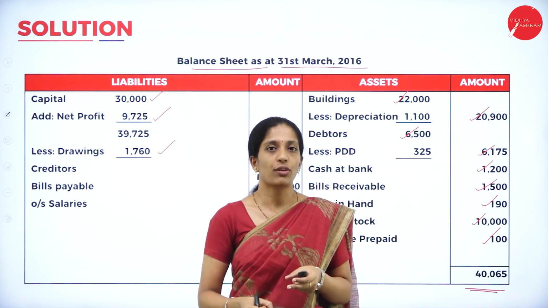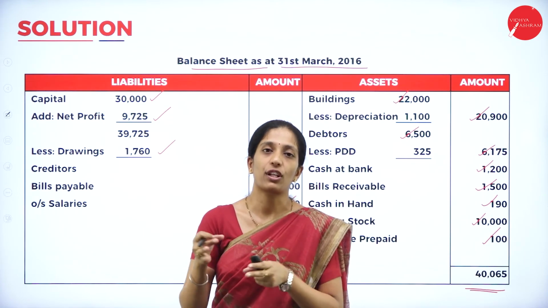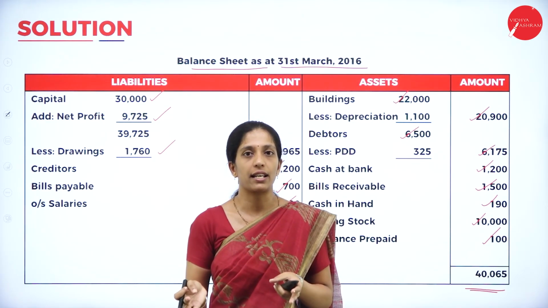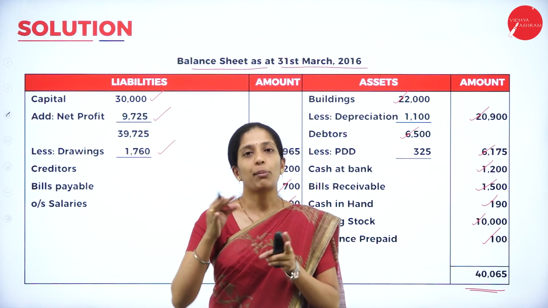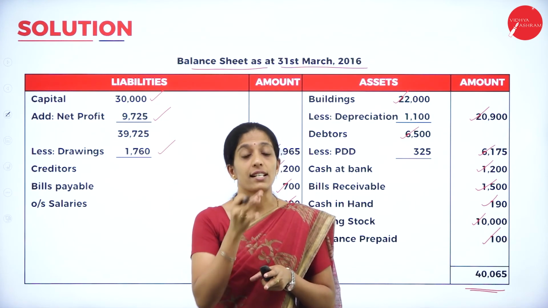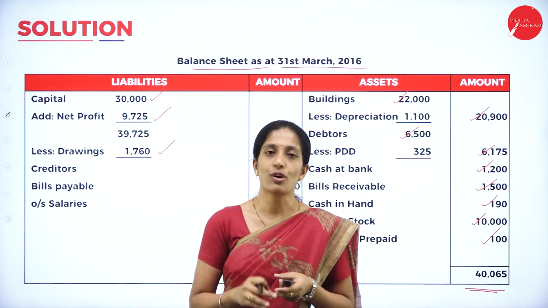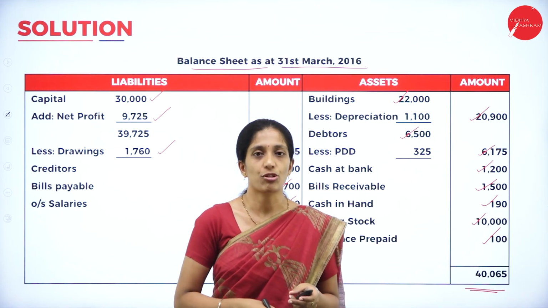Next, the continuation will be the profit and loss account, where you will start with gross profit or gross loss, and you will record all the indirect expenses or indirect income so that you will get net profit or net loss. Now coming to the balance sheet, you will record all the assets as well as all the liabilities. If there is any adjustment, you have to make those adjustments. So this is how you are going to prepare the financial statements.